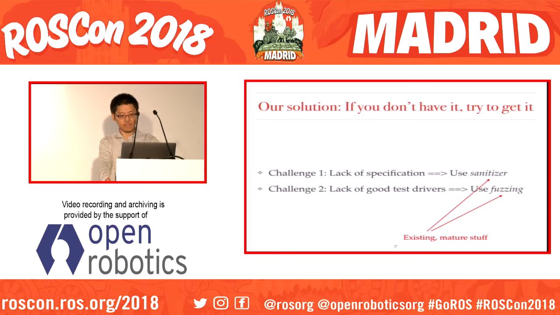The idea is that if you don't have it, you try to get it. For challenge number 1, we don't have specification. We want to use sanitizers from academia. They have already been there, it's mature stuff. If you don't have good test drivers, you try to use fuzzing. Again, it has been there, it's mature stuff. So I'm going to briefly introduce these two.